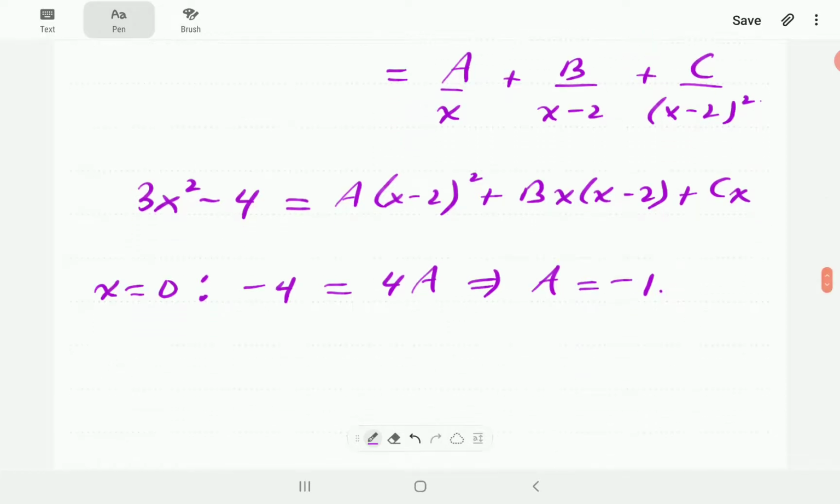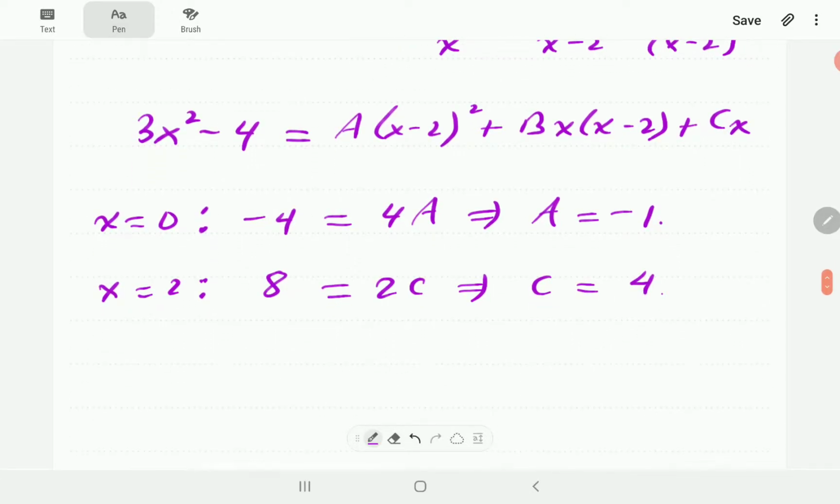Then after that we plug in x equals 2. The left hand side is going to be 12 minus 4, which is 8. The first term will be 0. This will be 0, so that's going to be 2C. So that tells us that C is going to be 4.